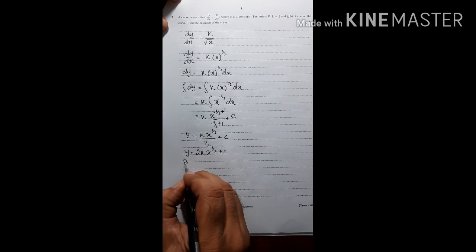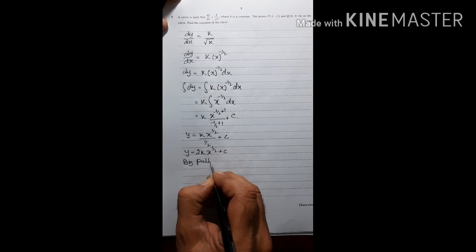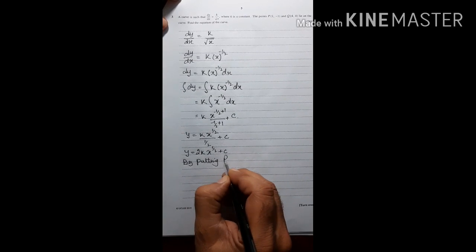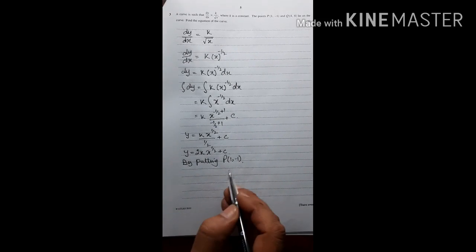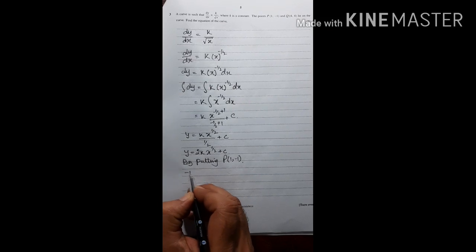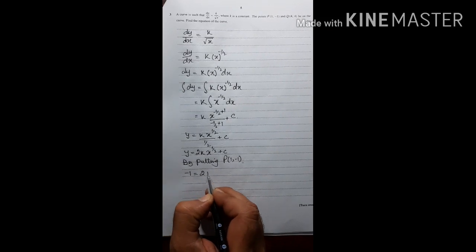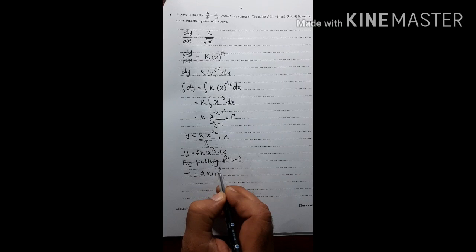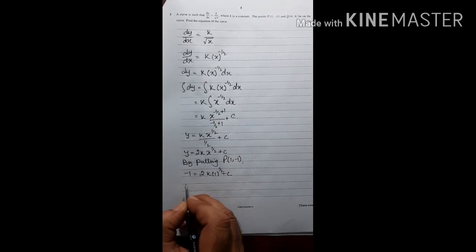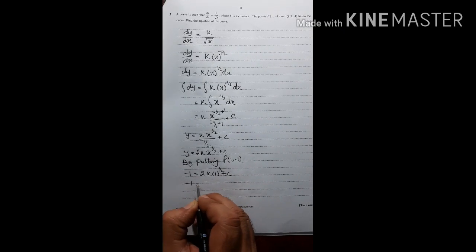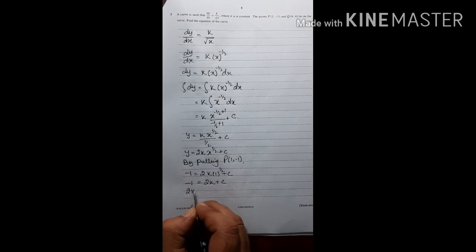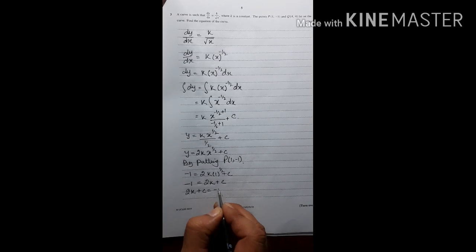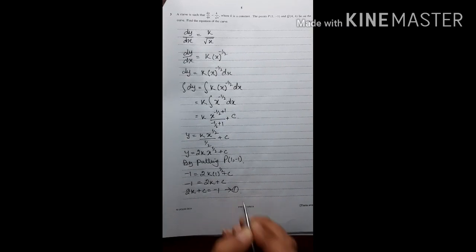So by putting P(1, minus 1), it will be minus 1 is equal to 2k times 1 to the power 1 by 2 plus c. It will become minus 1 is equal to 2k plus c, or 2k plus c is equal to minus 1. This is our equation 1.